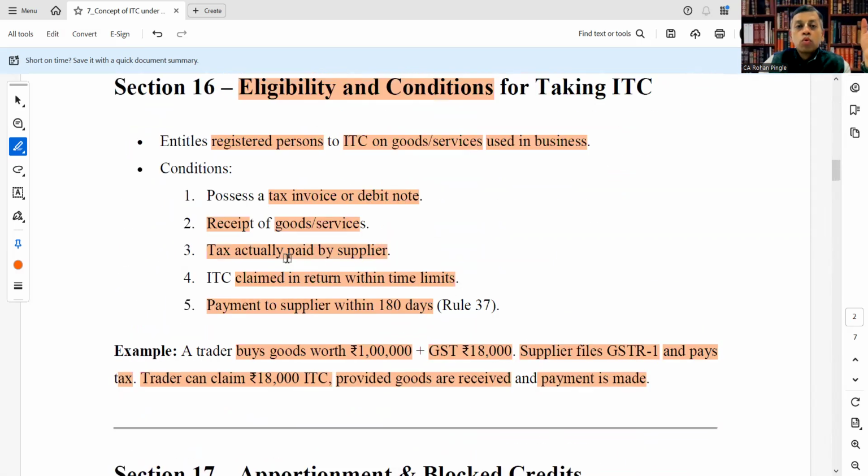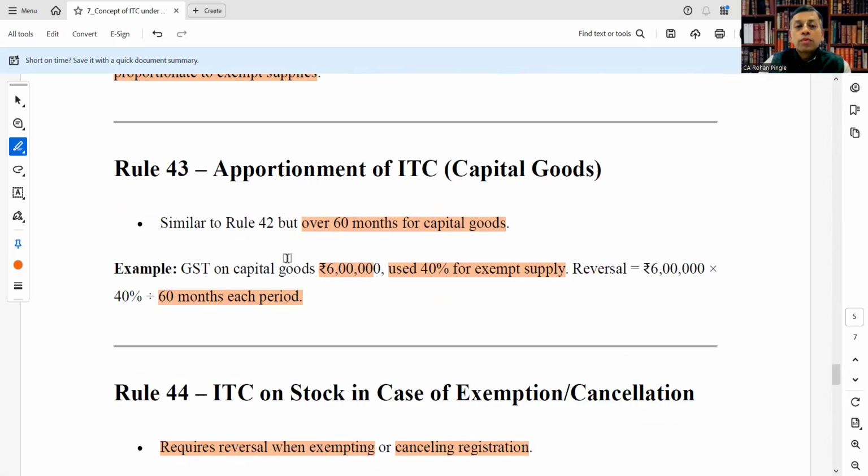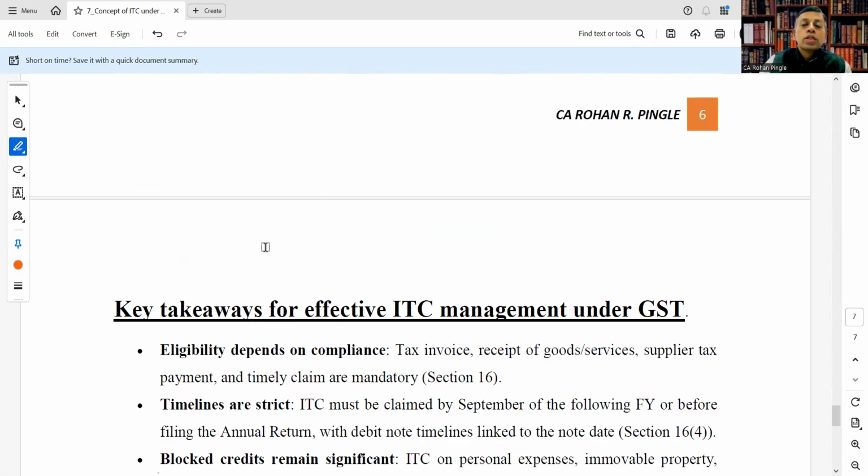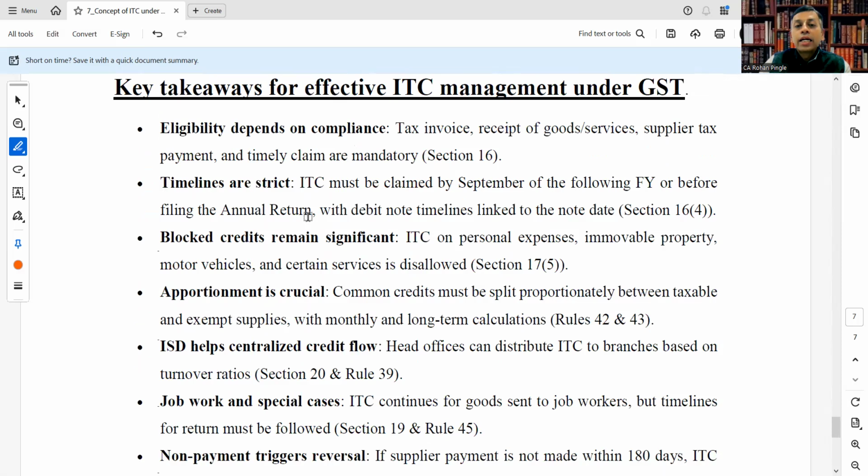And now we will move to key takeaways from today's topic, that is ITC. Eligibility depends on compliance: tax invoice, receipt of goods or services, supplier tax payment, and timely claim are mandatory. Timelines are strict.